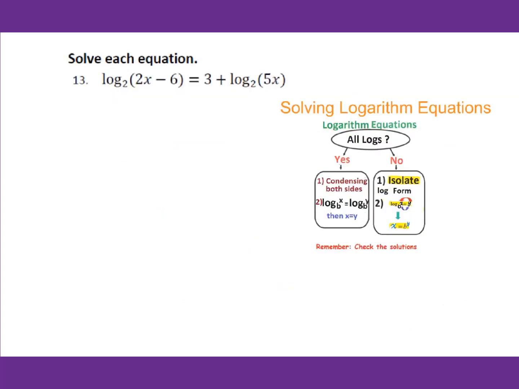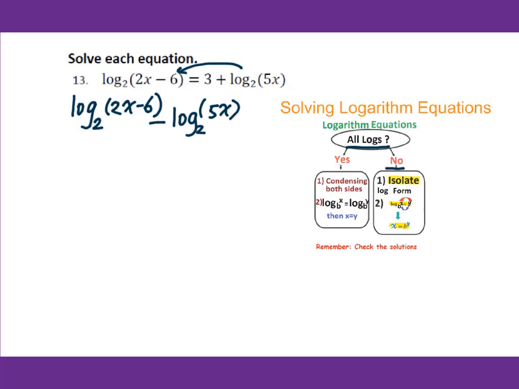Now let's go to number 13. All logs? Definitely no. So isolate the log on one side. Move all the logs to one side. Therefore, I got log base 2 of 2x minus 6 minus log base 2 of 5x equals 3.